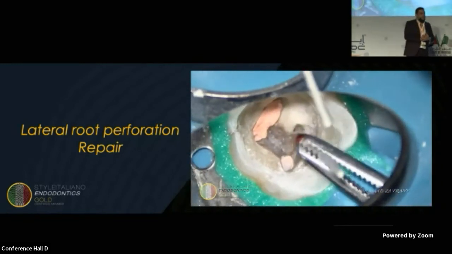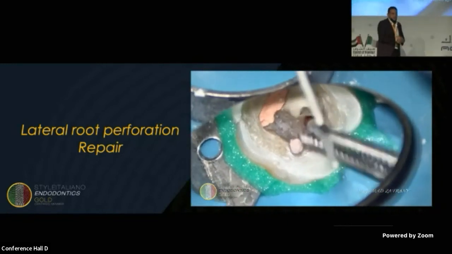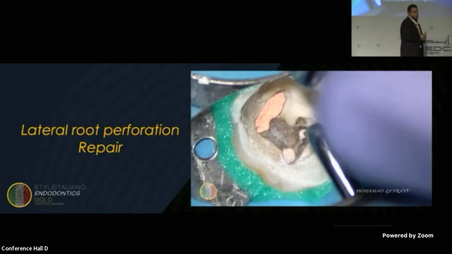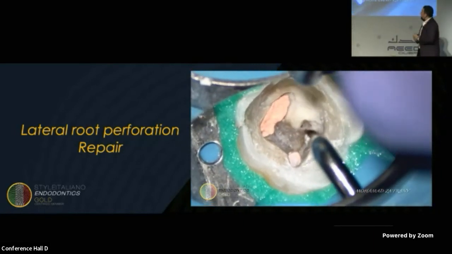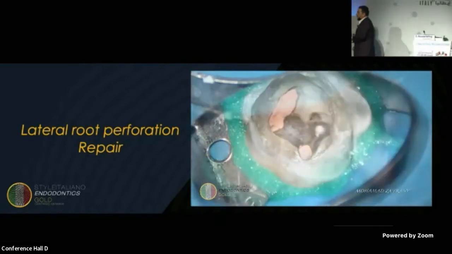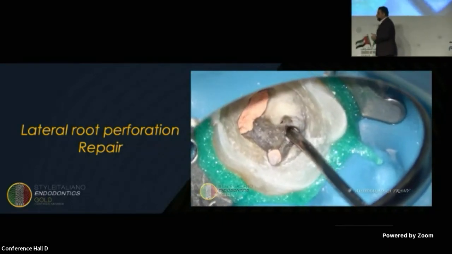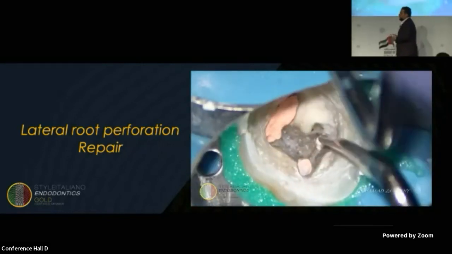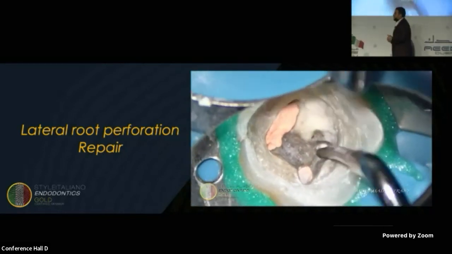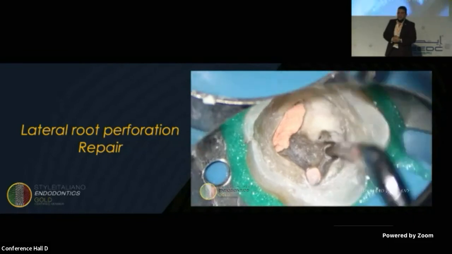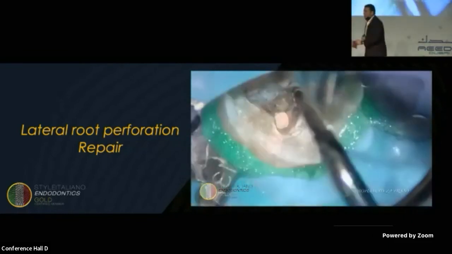For the first increment, I'm doing gentle compaction using a paper point. This is a suitable plugger. The second increment is putty bioceramic. And don't think of sealing the perforation using bioceramic sealer. This is wrong. Only putty bioceramic.